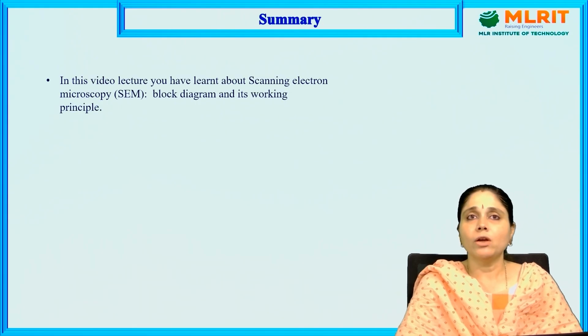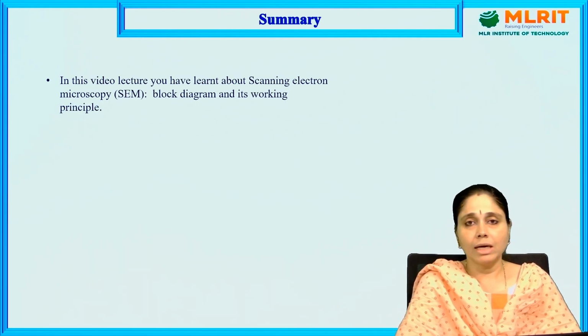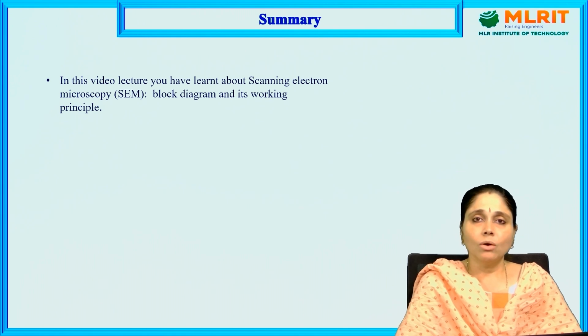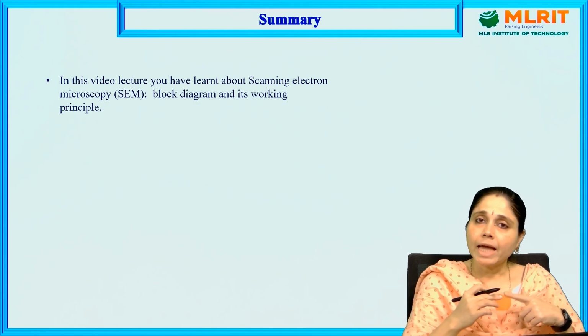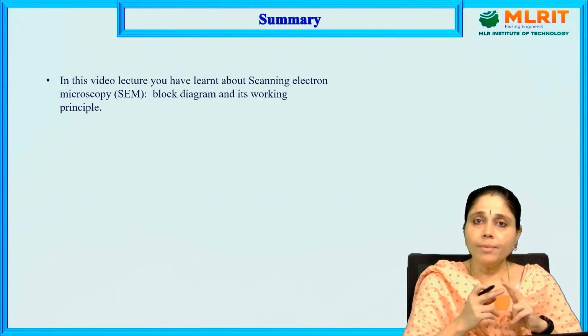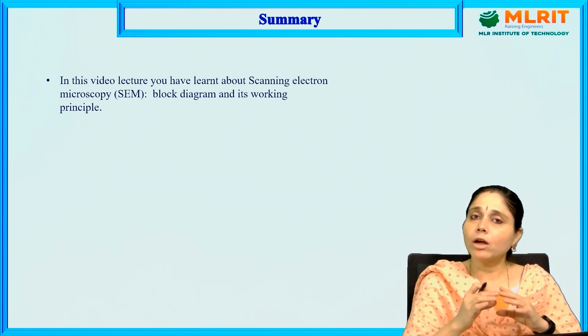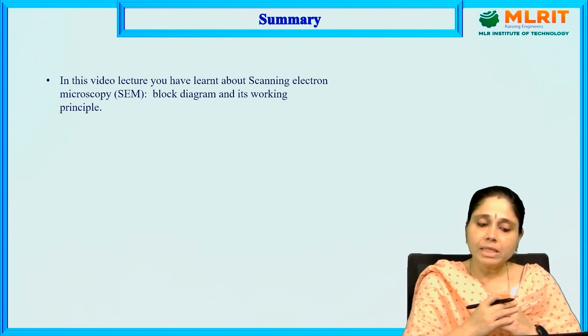So, in this video lecture, you have learnt about the scanning electron microscope, block diagram and its working principle. So, what is the scanning electron microscope finally? The scanning electron microscope gives us the surface topography, morphology, and some elemental composition of the given material. And what is the working principle?